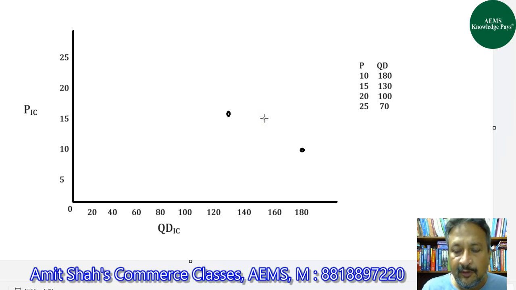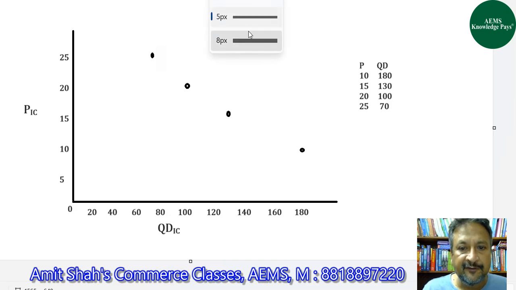At price 20 and quantity demanded 100, the point would be somewhere here. And at price 25, quantity demanded 70, the point would be somewhere here.